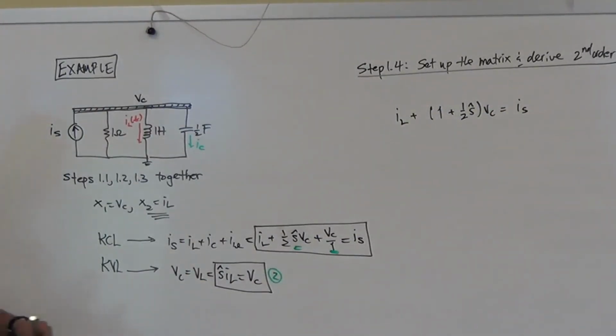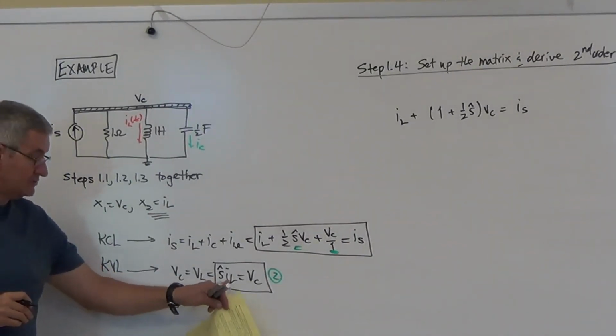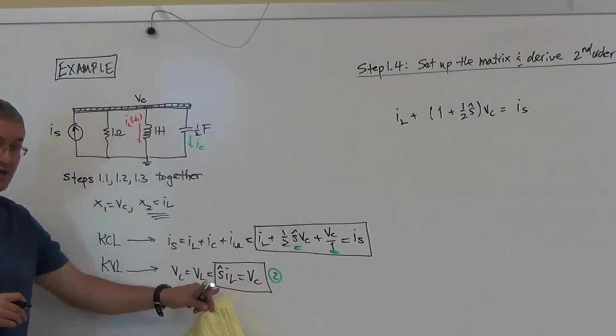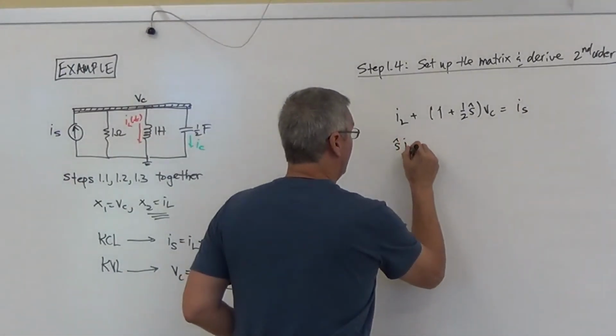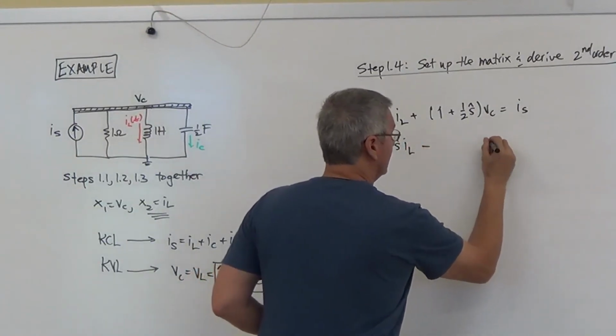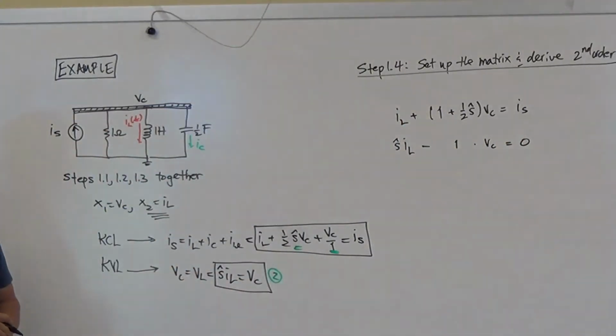Now I'm going to do the exact same thing with this one. I'm going to subtract this to the other side, bring VC to this side. So then I'm going to get S hat IL minus VC equals 0. And you can see now that I have it in matrix form.